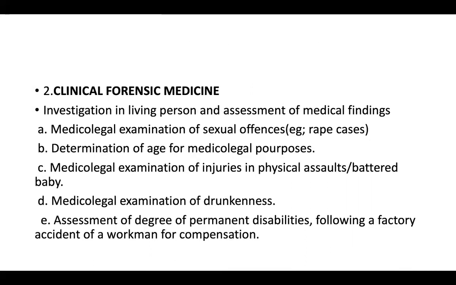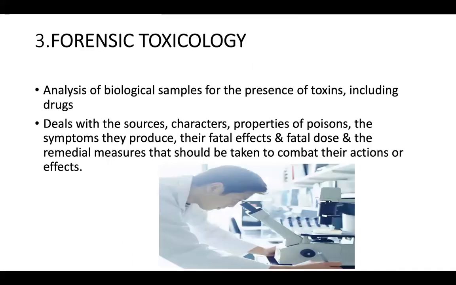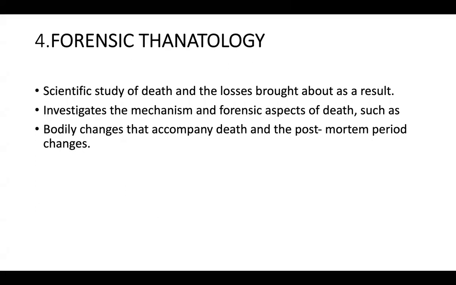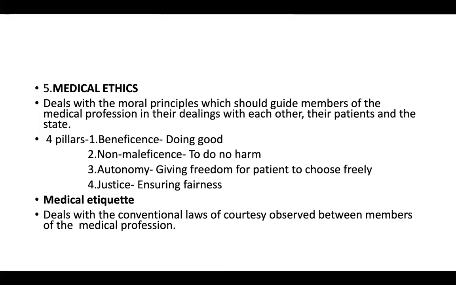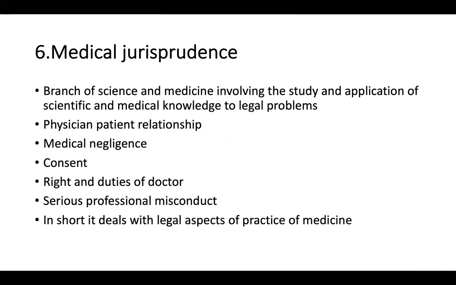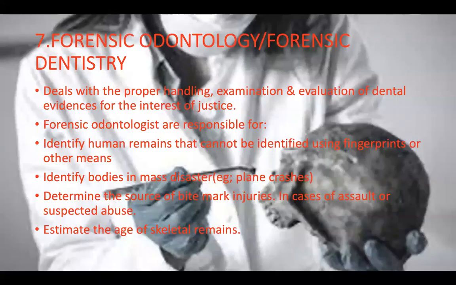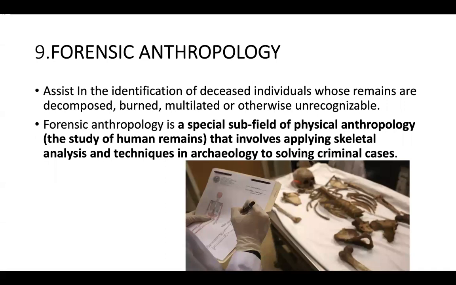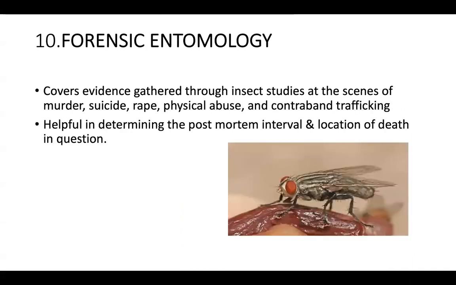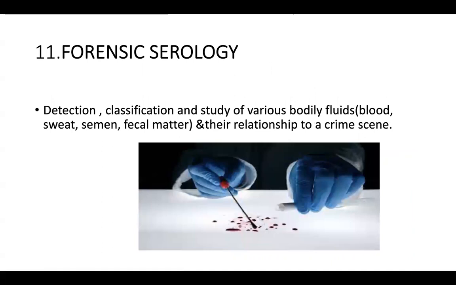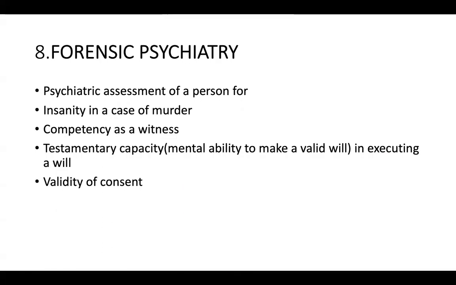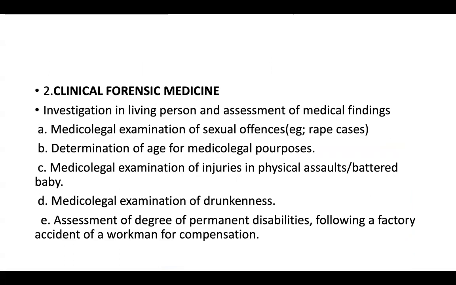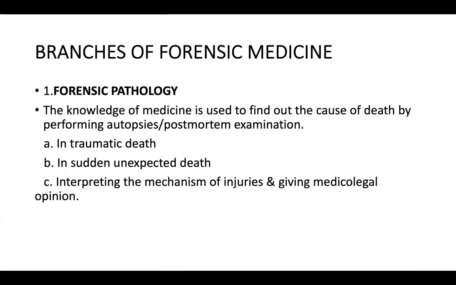One is forensic pathology, second is clinical forensic medicine, third is forensic toxicology, fourth is forensic thanatology, fifth is medical ethics, sixth is medical jurisprudence, seventh is forensic odontology or forensic dentistry, eighth is forensic psychiatry, ninth is forensic anthropology, tenth is forensic entomology, and eleventh is forensic serology. So I have included 11 parts. We will deal with these in detail.